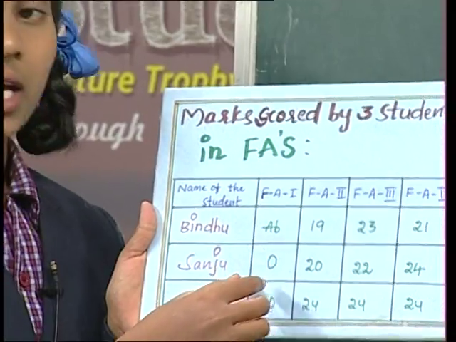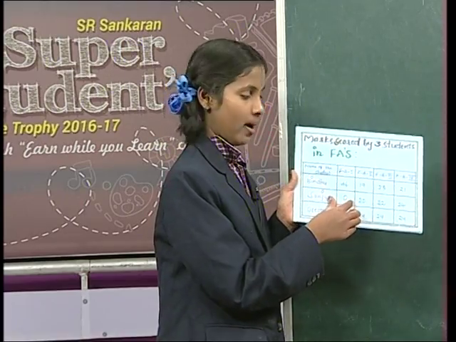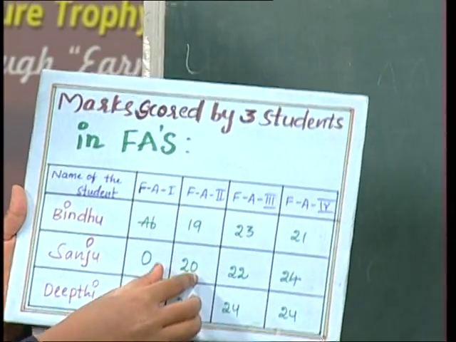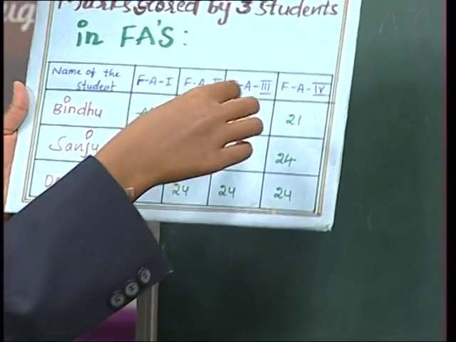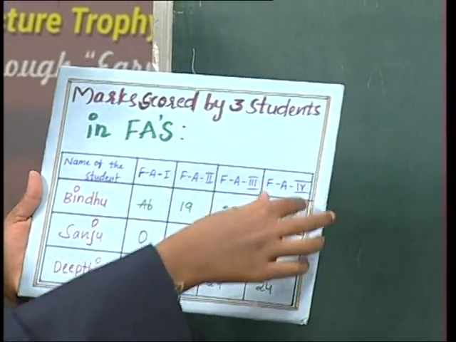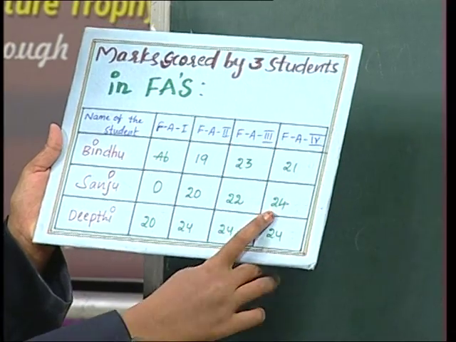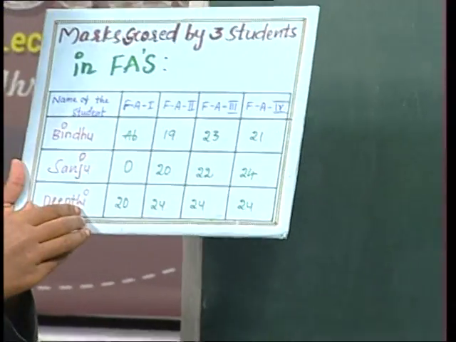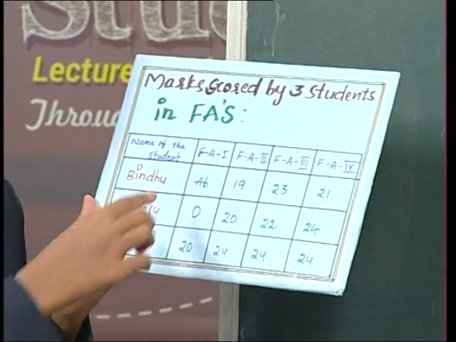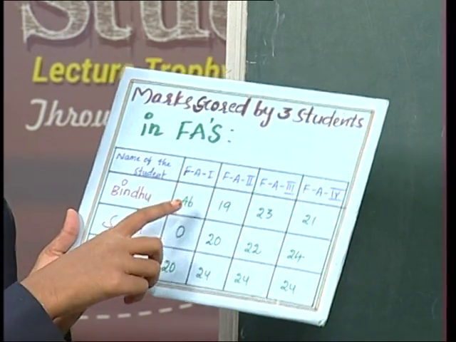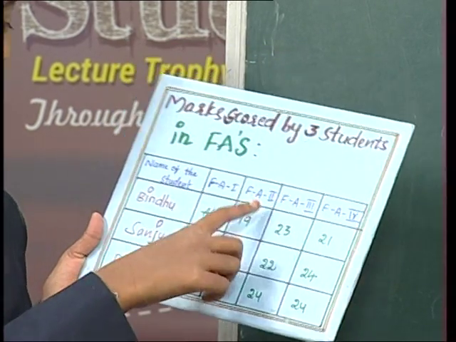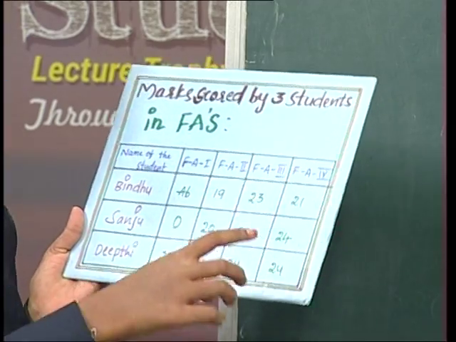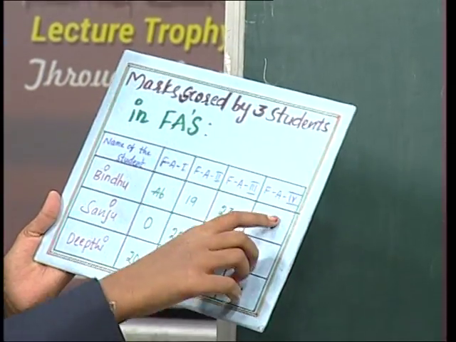In FA1 she got 0 marks. In FA2 she got 20 marks. In FA3 she got 22 marks. In FA4 she got 24 marks. Let us see Deepthi's marks. She got 20 in FA1, 24 in FA2, 24 in FA3 and 24 in FA4.